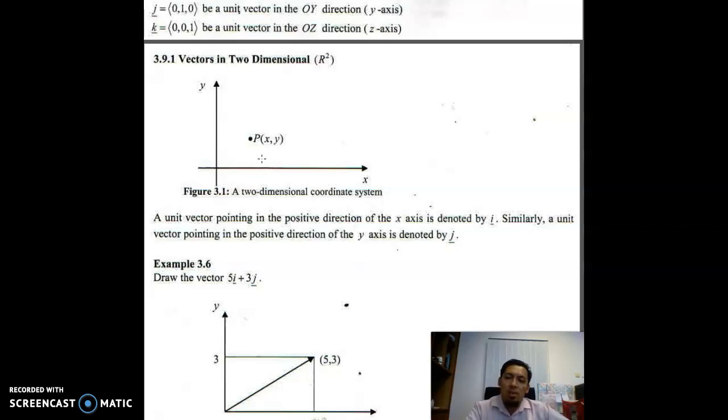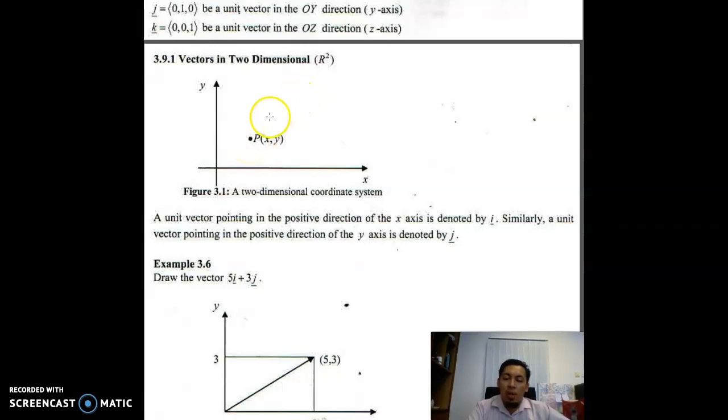A coordinate is just pointing to the location of a certain point. For example, this p here is located at this point. When you look at the coordinate, you'll know that this is p. This is the location, and in the overall graph, there's only one location of p, which is here.